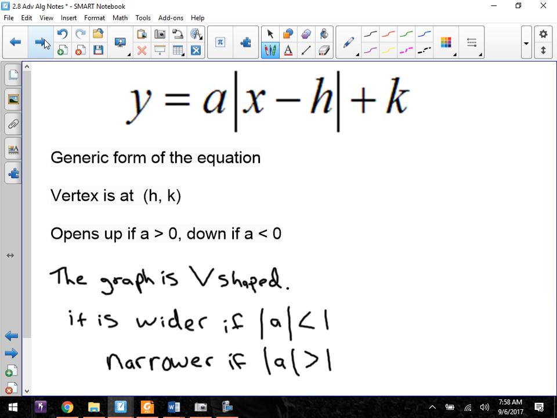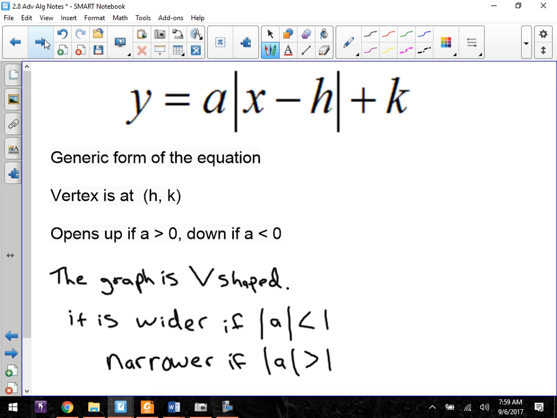So whenever you see this parent function, it's x minus h, plus k. This ordered pair h, k is where the vertex is going to lie.